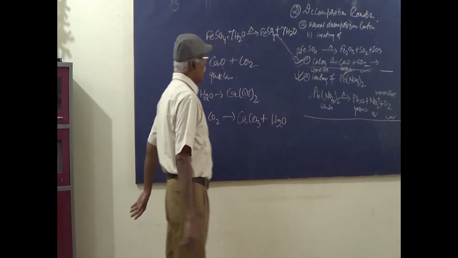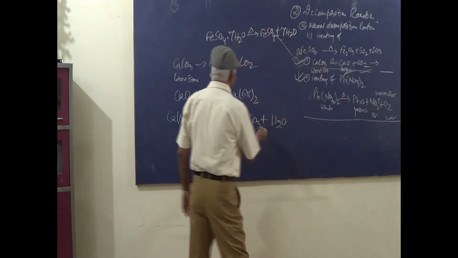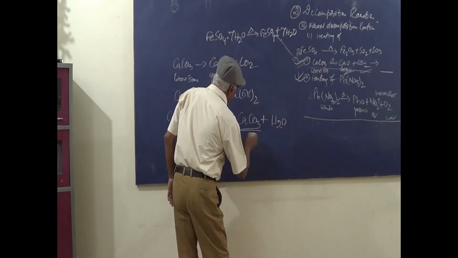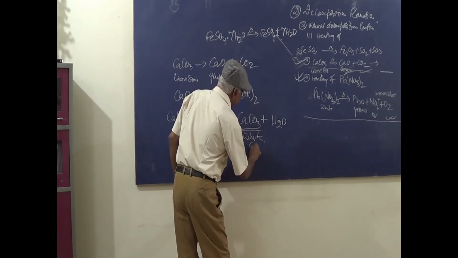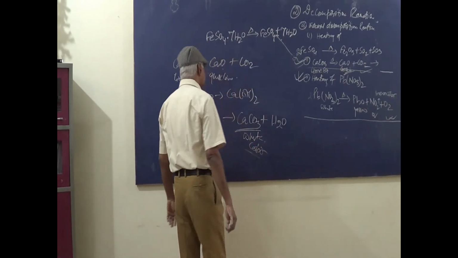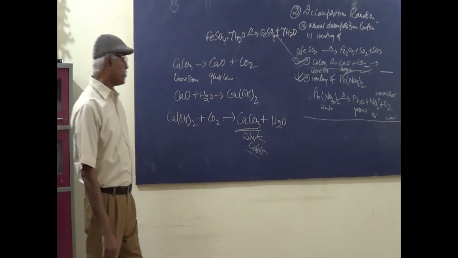Due to this formation, CaCO3 is white in color. So this is the answer for that.